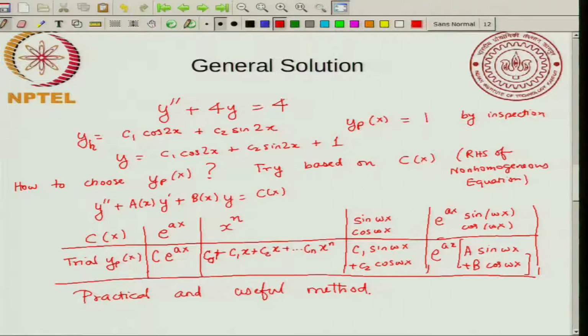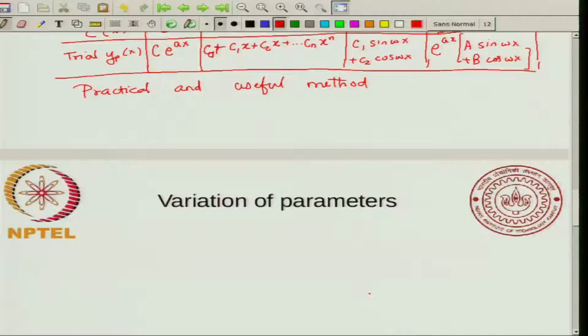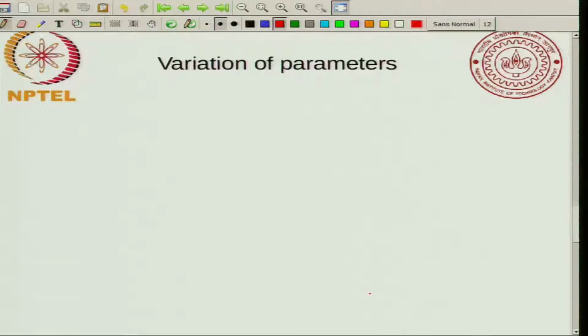However, a formal method of calculating yp is what is called variation of parameters. So this is a formal method. No trials, so no trial function.